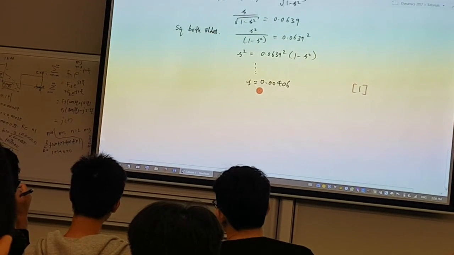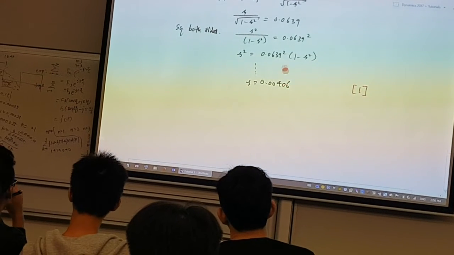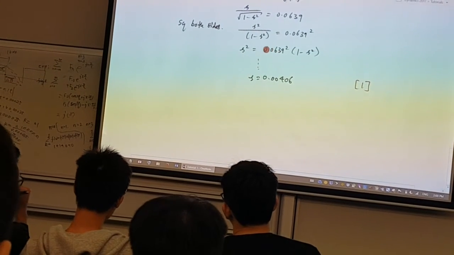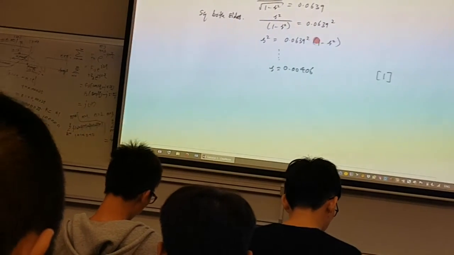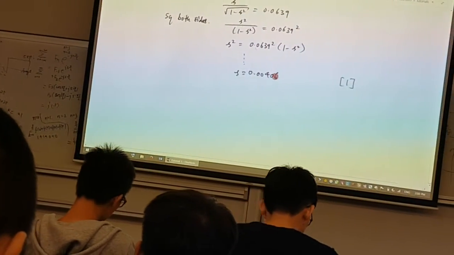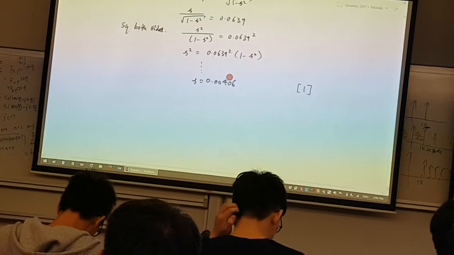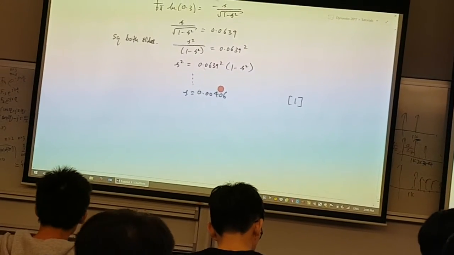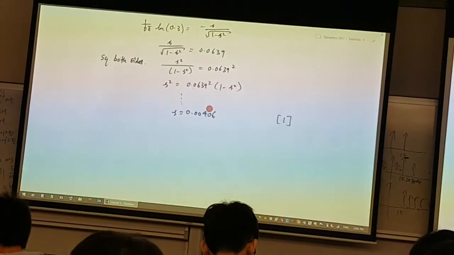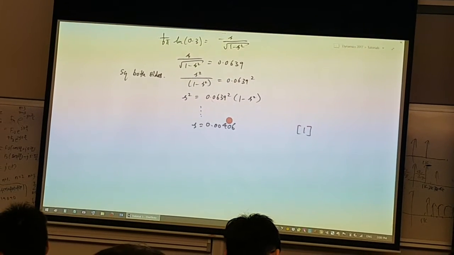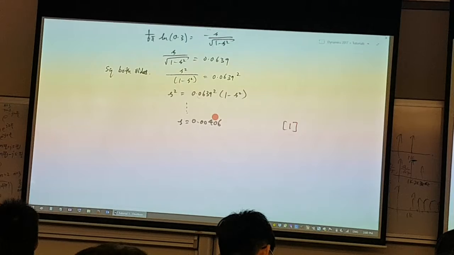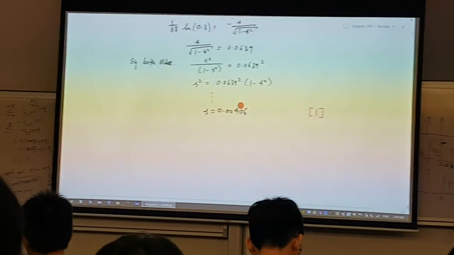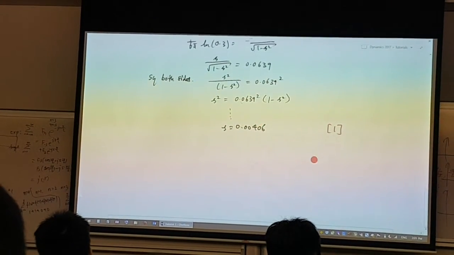So some of you may have slightly different numbers because maybe this part here you wrote 0.064 squared. Right? And then that results in a slightly different number. These are all accepted, marked correct. So it's okay to have different number of decimal places. There's no hard and fast rule how many decimal places you must use.